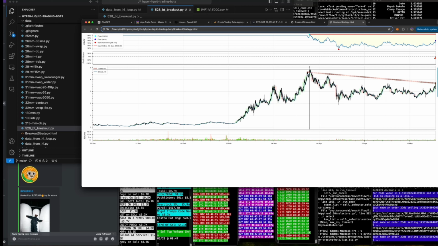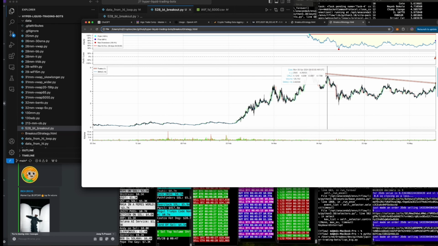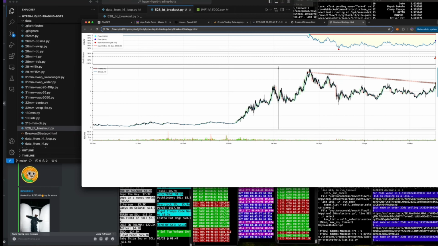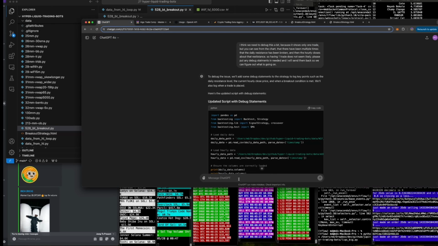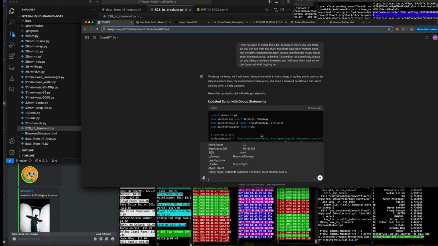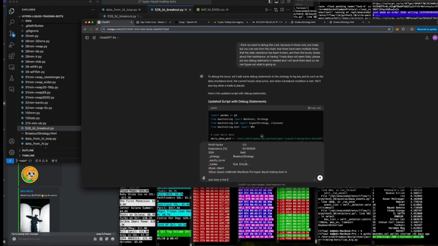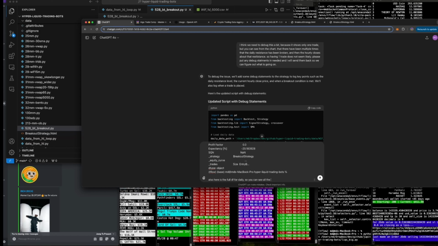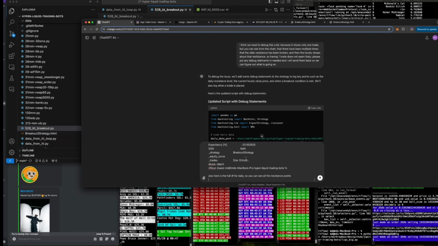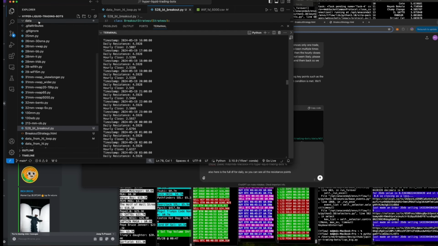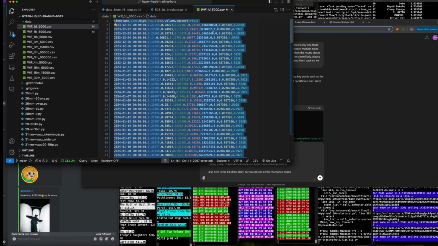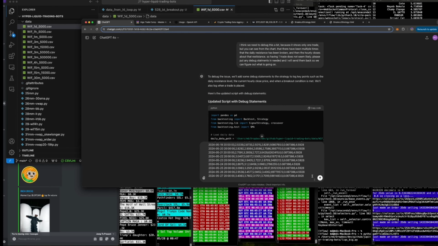Holy smokes, it's not up there. Where's that 459 even at? Also here is the full DF for daily, so you can see all the resistance points. Let's try to give it all that data. I know it's going to be a ton, but we'll see what happens.